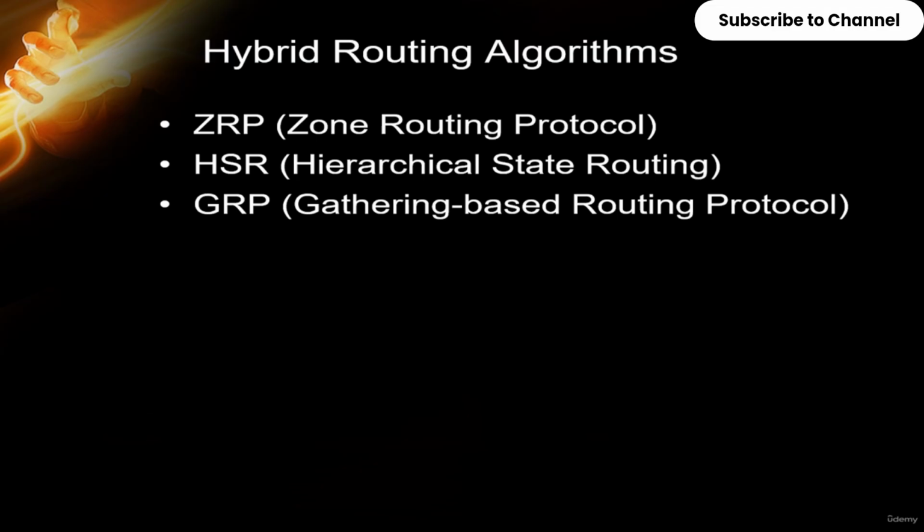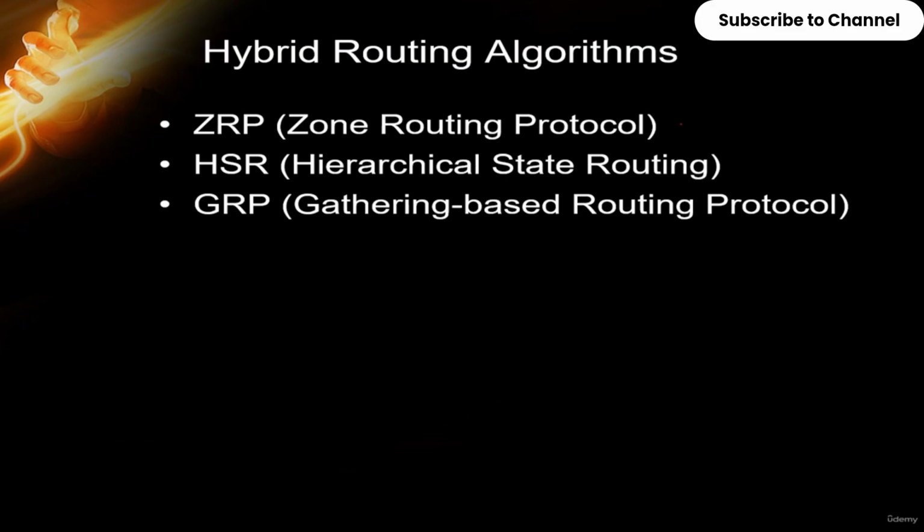So now we are going to discuss hybrid routing algorithms. In hybrid routing algorithms, first we are going to see the zone routing protocol. This zone routing protocol is based on particular zones. In this protocol, the regions are divided into zones, and it takes advantage of both proactive and reactive routing protocols.